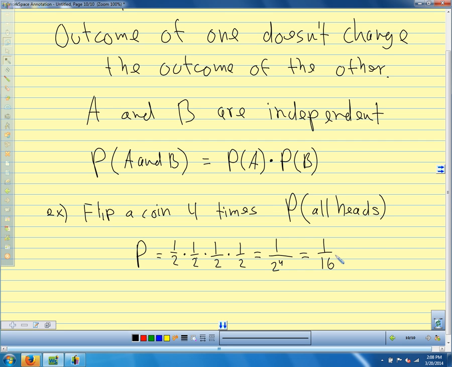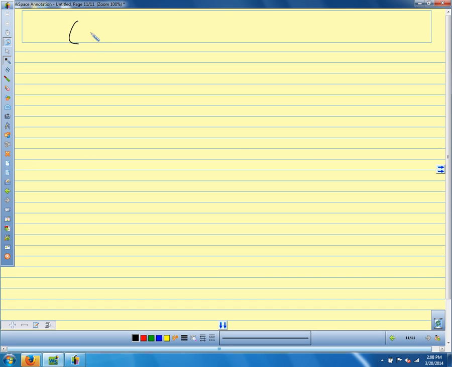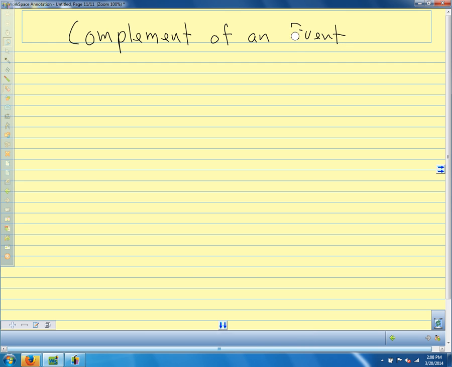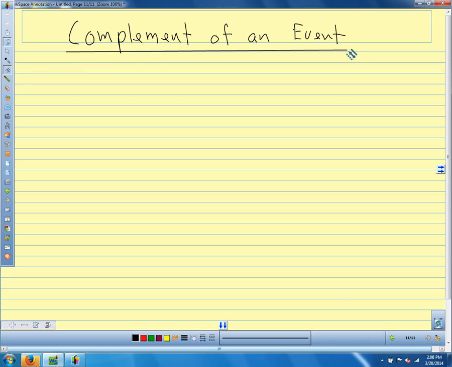Okay, last concept for today, the complement of an event. And notice we're spelling complement with an E, so it's not saying, hey, that was a really nice event. Looked really good, very stylish. Complement of an event.